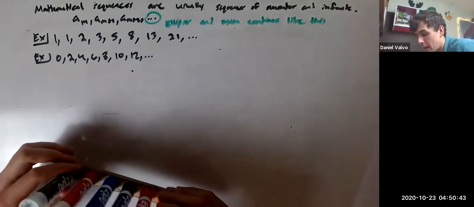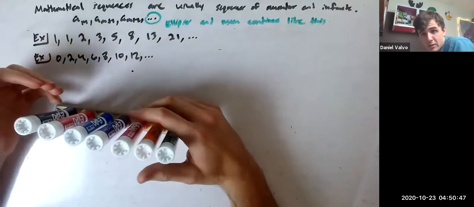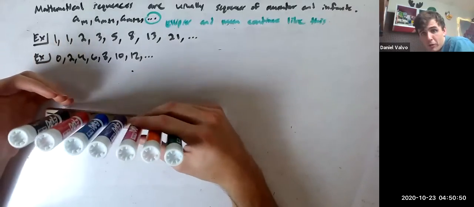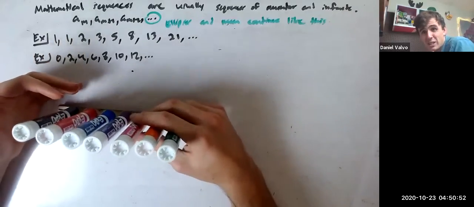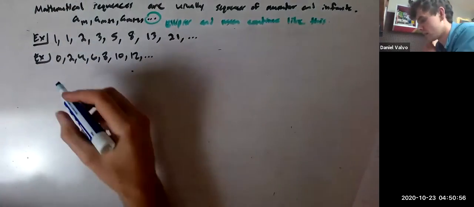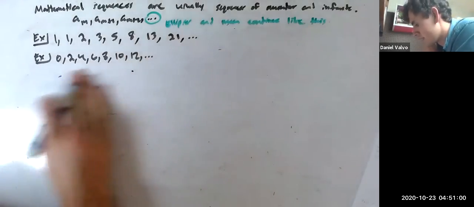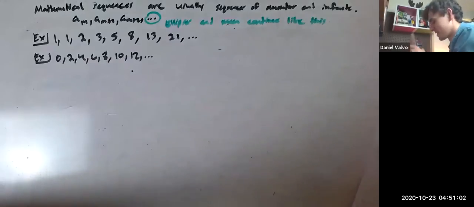Yeah. Now, certain sequences come from very nice and easy rules, right? So, I think pink's a good color for this.